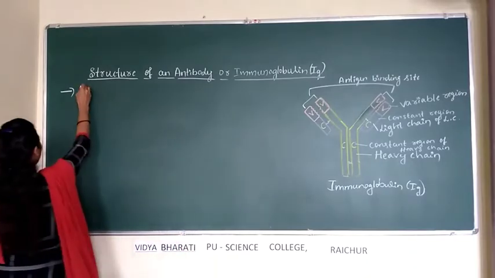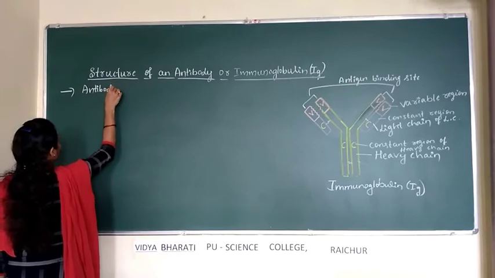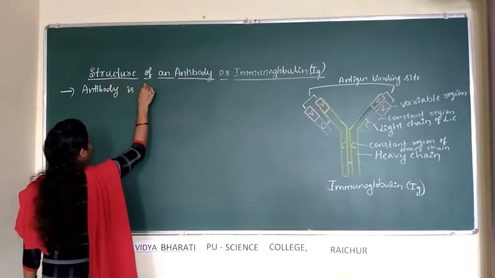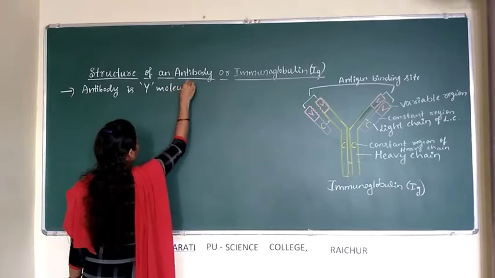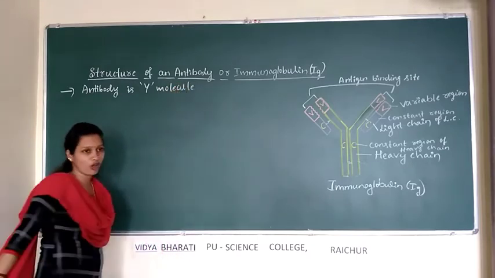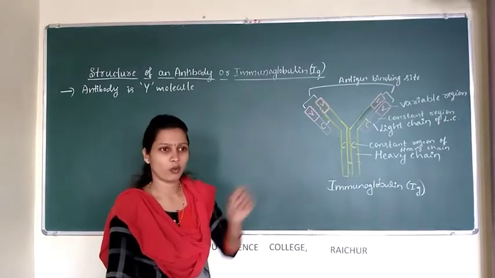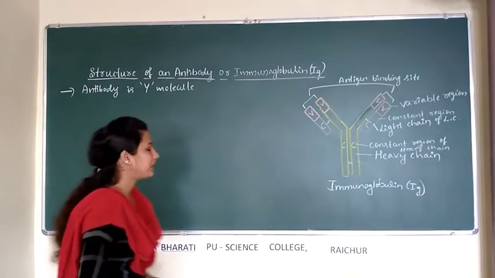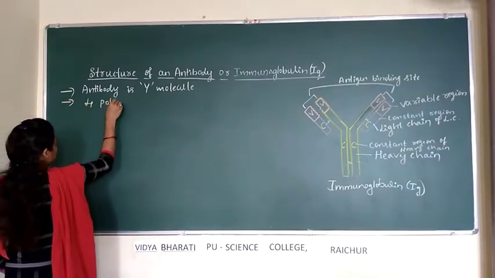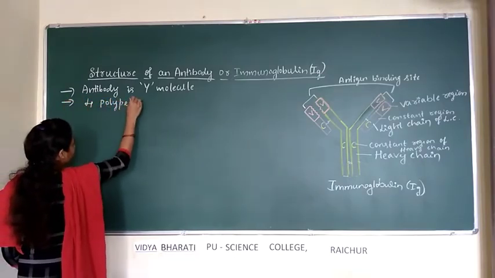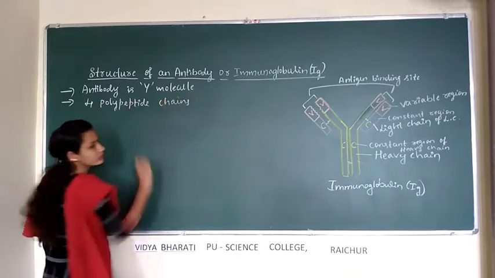Then, an antibody or immunoglobulin is a Y-shaped molecule, and it contains 4 polypeptide chains.